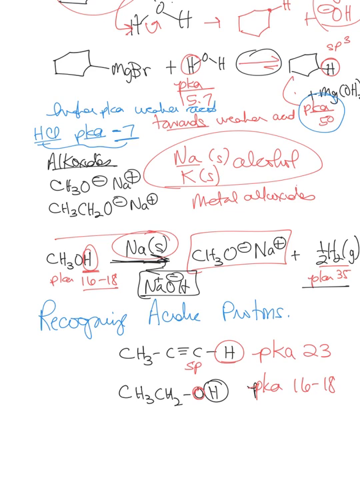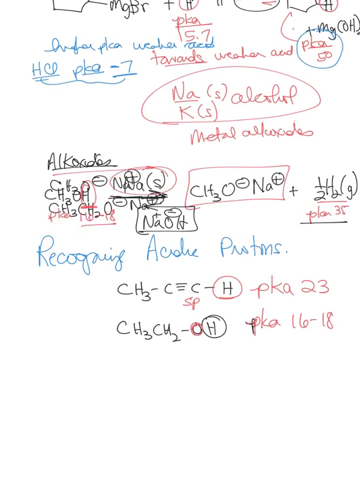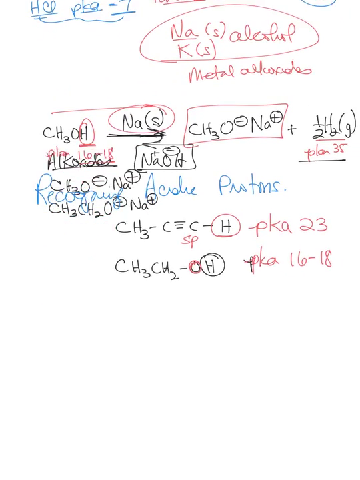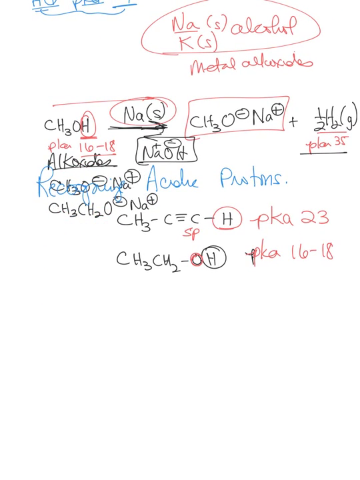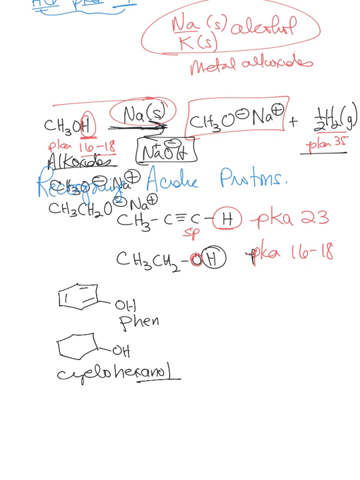But we're getting ready to get into phenols. Phenols are different. So if you see this, this is a cyclohexanol. This is a phenol. Phenols have a pKa of about 10. And cyclohexanol is your alcohol.